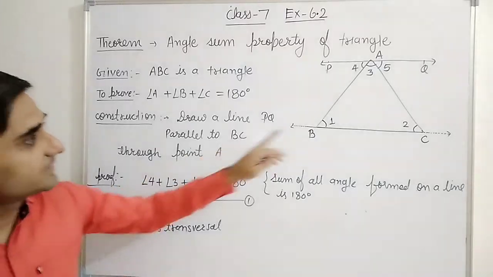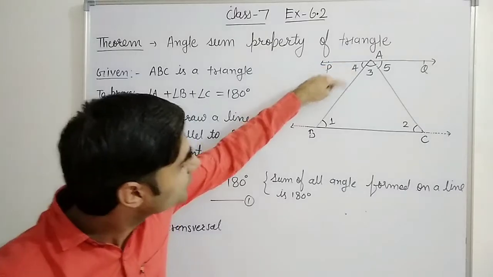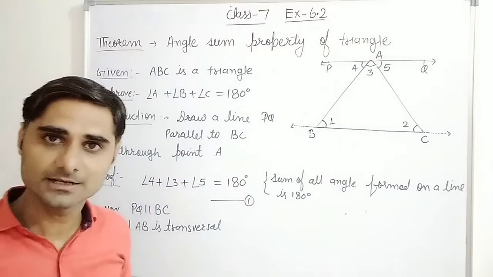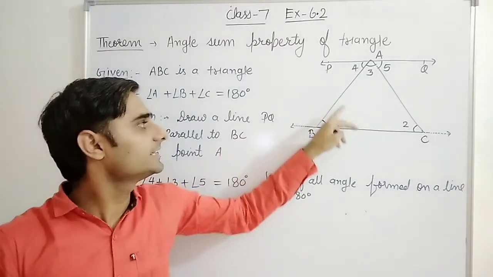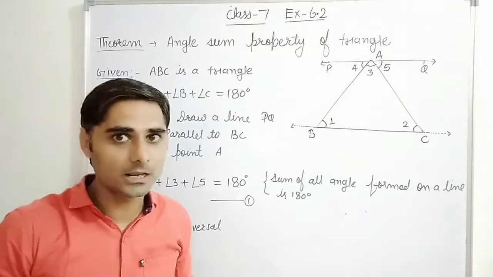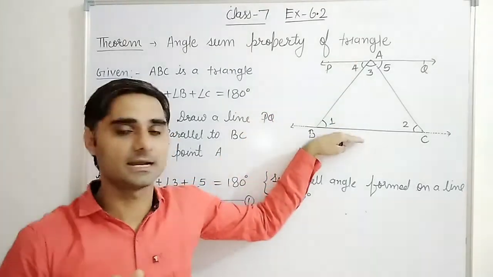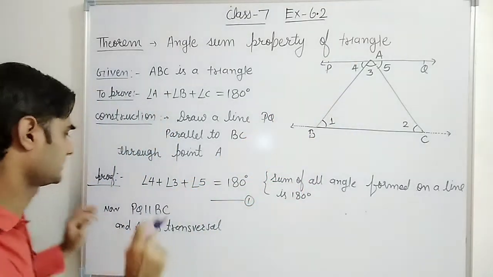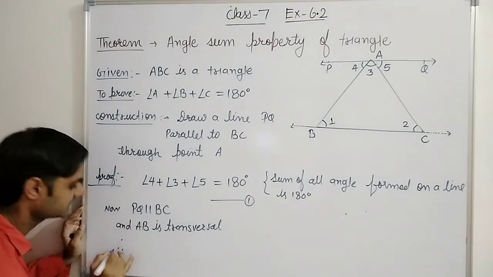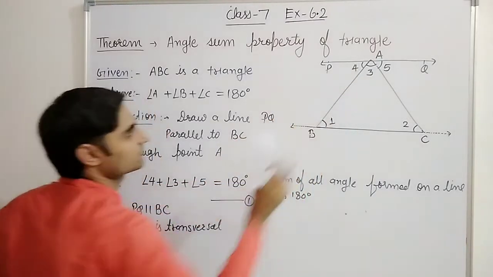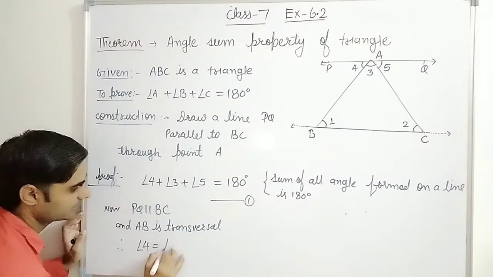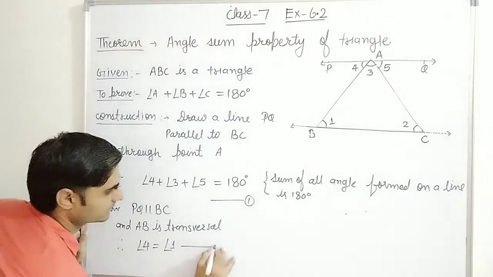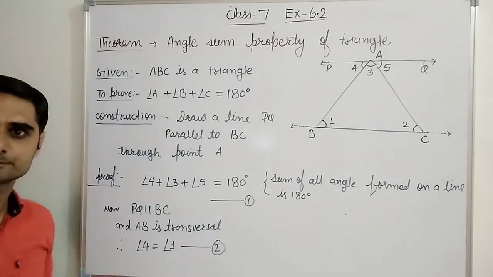If AB is a transversal, can you see this angle 4 and angle 1 are alternate interior angles? And we have already learned in the previous chapter that alternate interior angles are equal when lines are parallel. So can we write here, angle 1 and angle 4 will be equal? So angle 4 will be equal to angle 1. Can we mark it equation number 2?